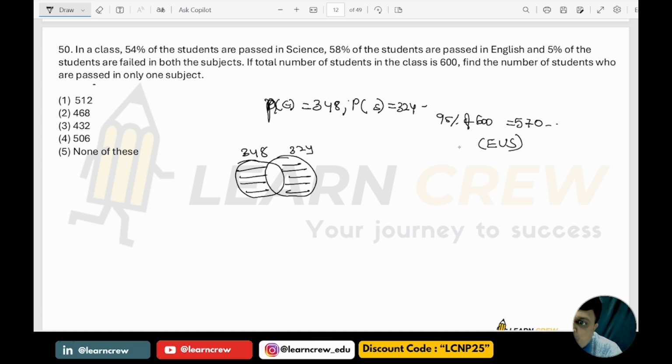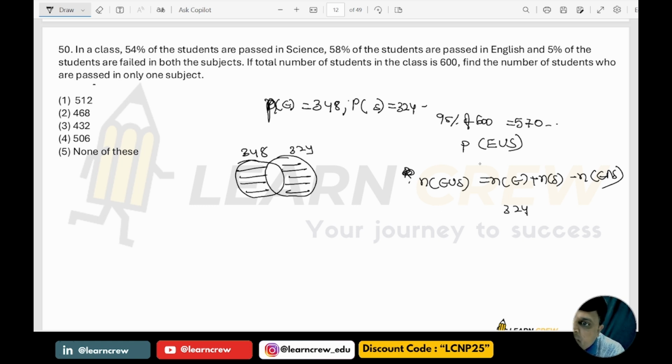So what is the formula for N of E union S? N of E union S is N of E plus N of S minus N of E intersection S. Now we have 324 passed in science, and 348 in English.